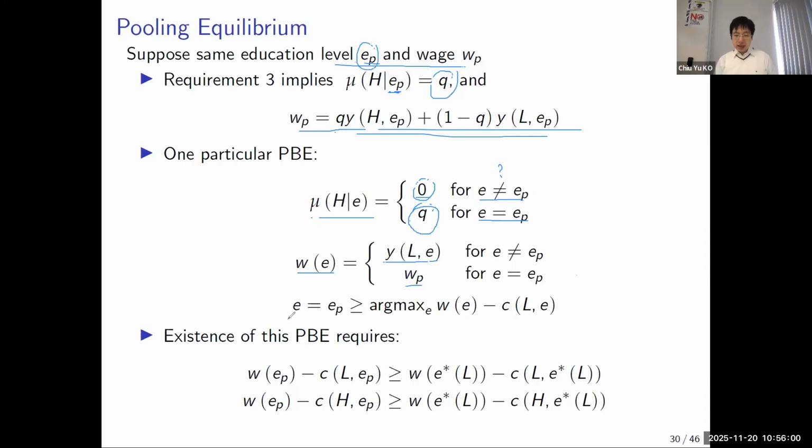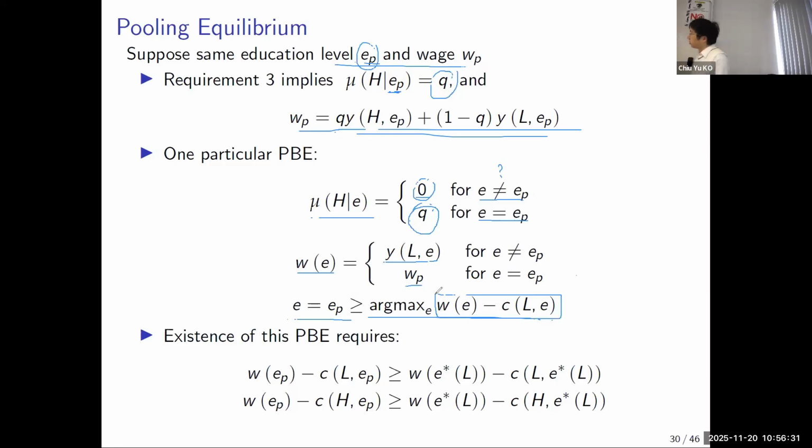And the education you get must be equal to this number, which should be more than what the low type would do. This is the minimum the low type would do, right? The low type would have this education.